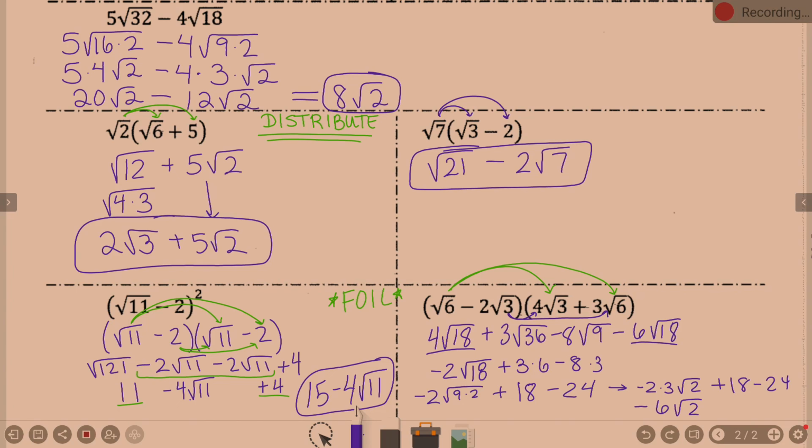What do you know about plus 18 minus 24? It's negative 6. Can I subtract negative 6 square root of 2 minus 6? No, because the negative 6 is attached to the square root. One of them has a radical 2. Radical 2 is already simplified. So we are done right there.